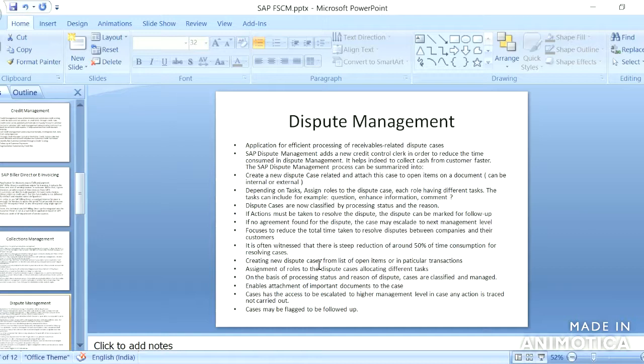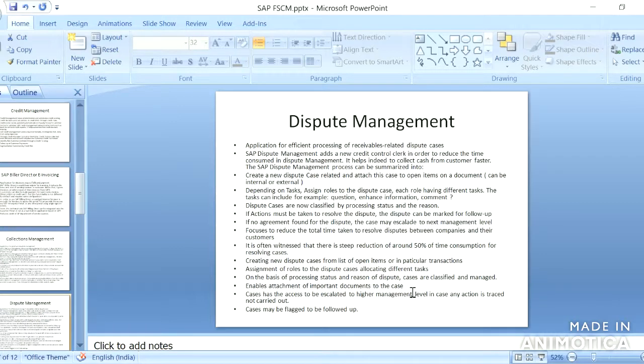Create a new dispute case from the list of open items or in particular transactions. Assignment of roles to the dispute cases, allocating different tasks. On the basis of processing status and reason of dispute, cases are classified and managed. It enables attachment of important documents to the case.